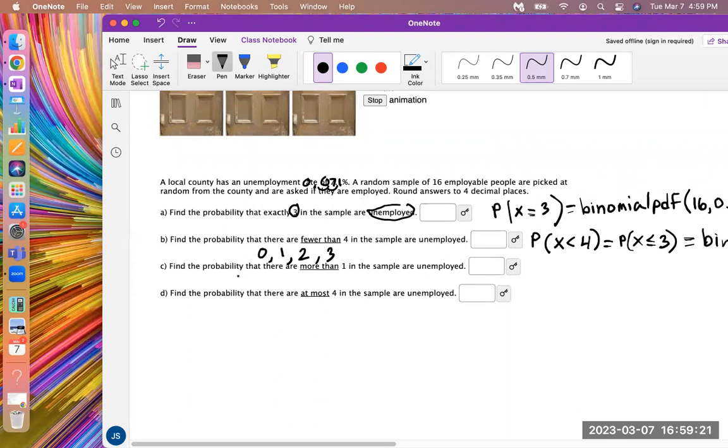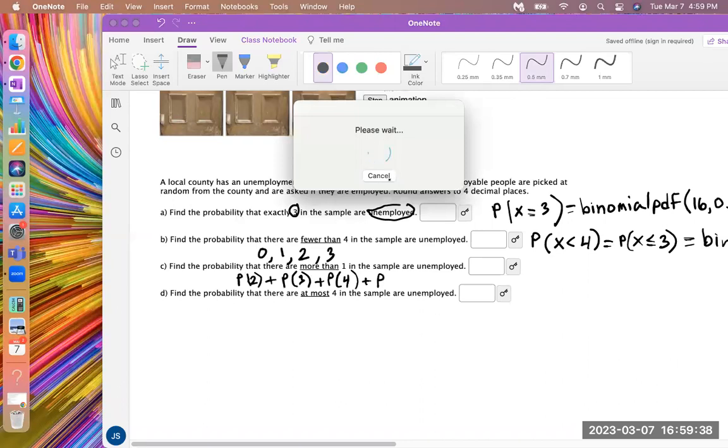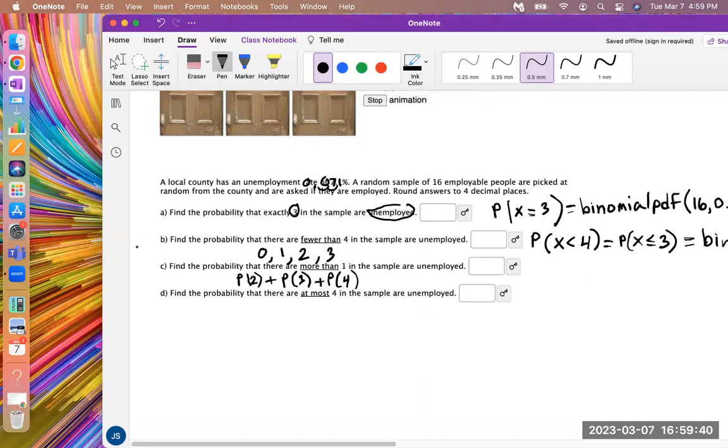So that would mean finding the probability of 2, because 2 is more than 1, plus the probability of 3, plus the probability of 4, and so on. I'm using this interchangeably: the probability of X equal to 2 is the same as the probability that it's 2. I'm just saving a little bit of space here.